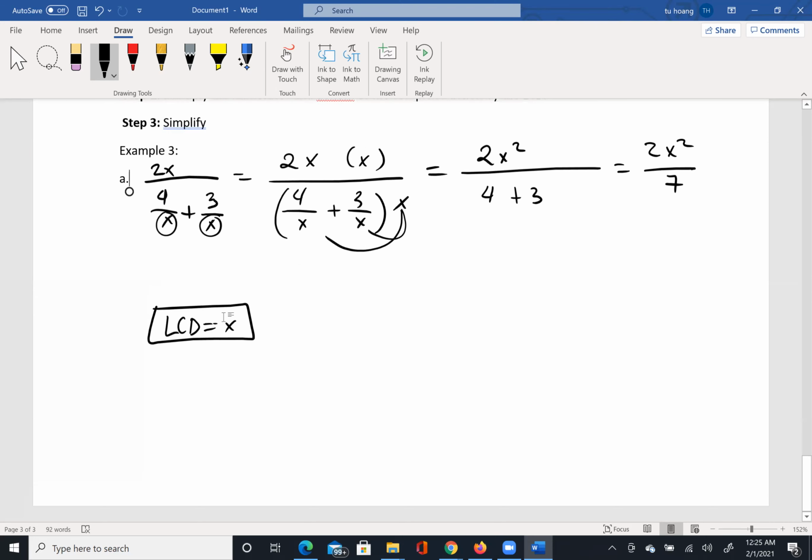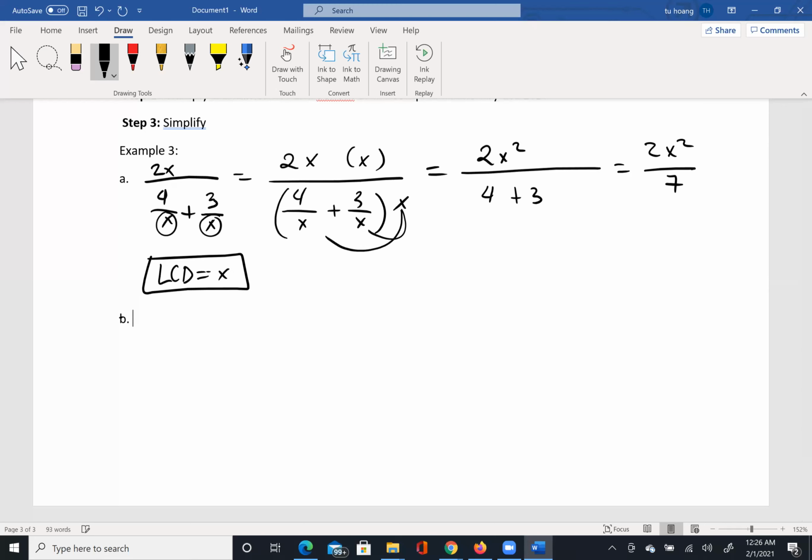And let's have another one. Remove this one. Okay. B. Let's have 1 over x minus 3, everything divided by 1 over x plus 3 over x minus 3.